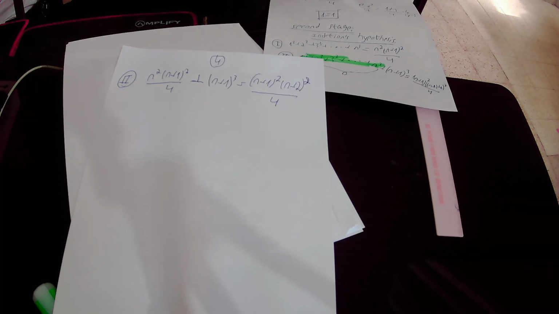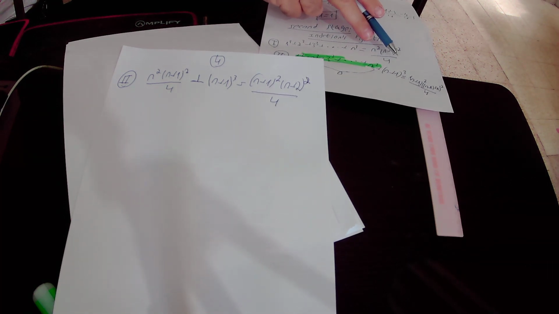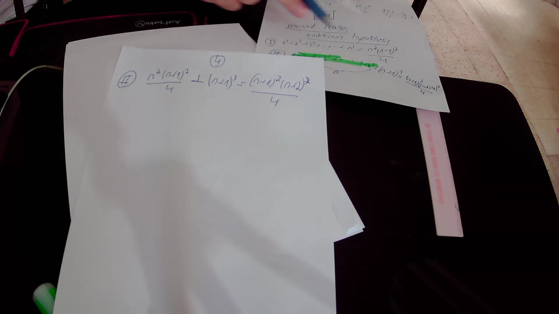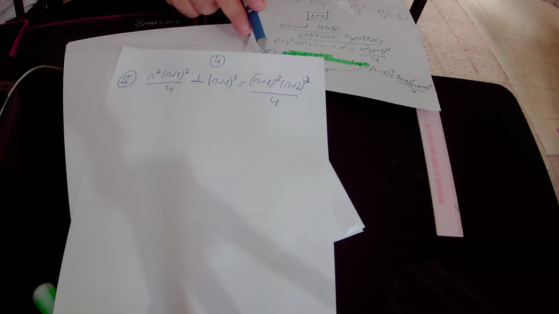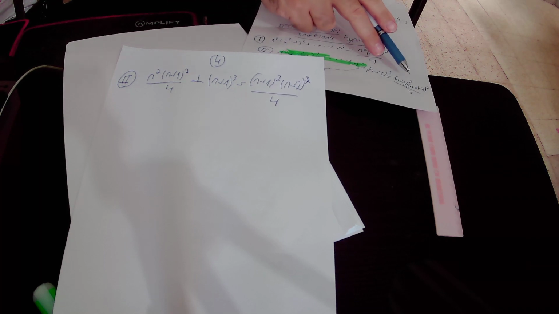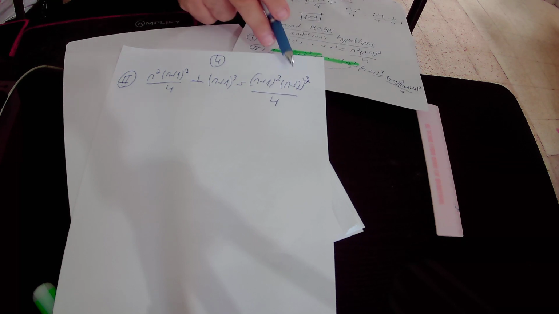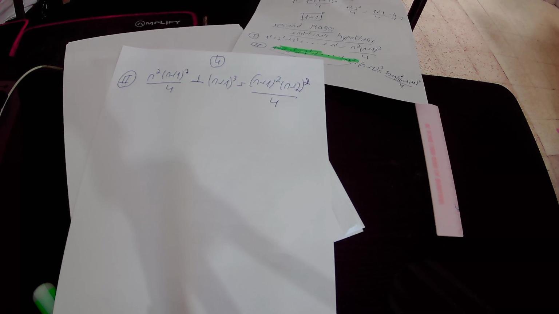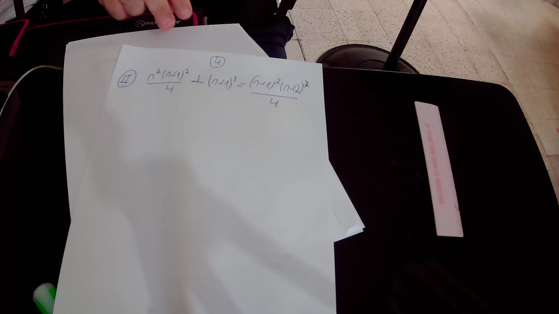And then we have plus (n plus 1) to the power of 3, so we copy it here, and all equals (n plus 1) times (n plus 1) is n plus 2, so it is (n plus 2) squared, all divided by 4. Okay, so we must prove that the second expression is true.